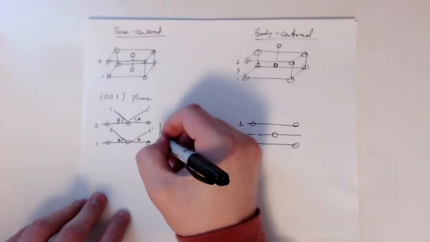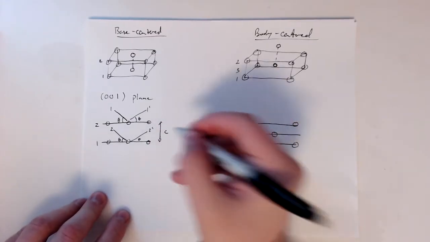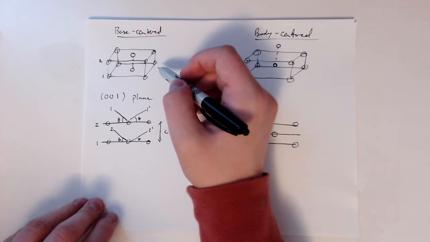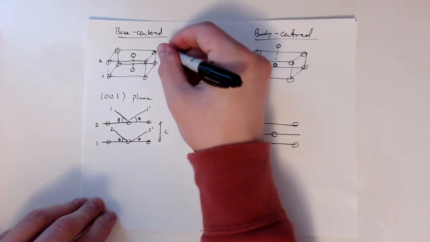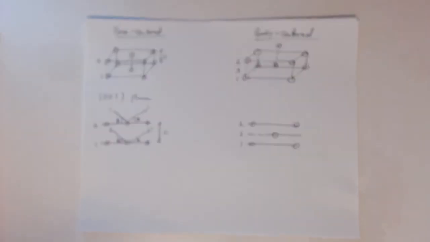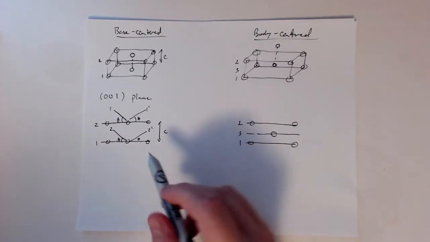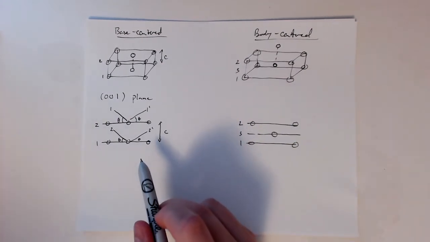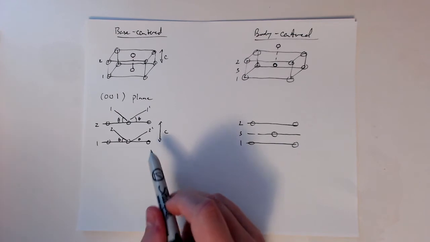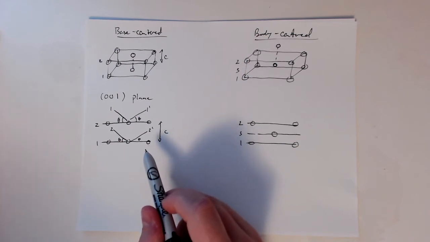And this distance here is c, the vertical distance here. Okay, so that's what we have in the case of the base-centered. We have diffraction in this case.